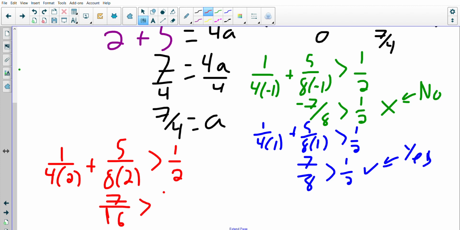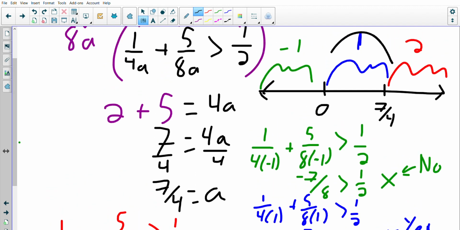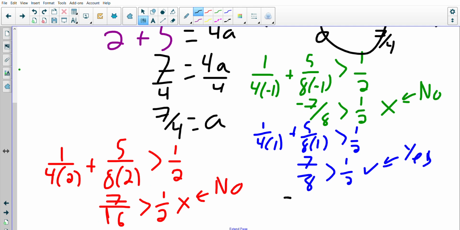And I know that is false, so no. So my only solution is the interval in between that works. So my answer is a lies between 0 and 7/4. And that is my solution.